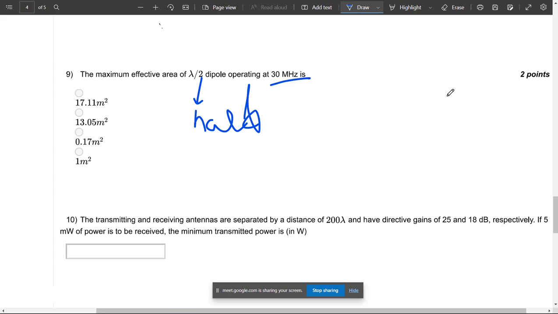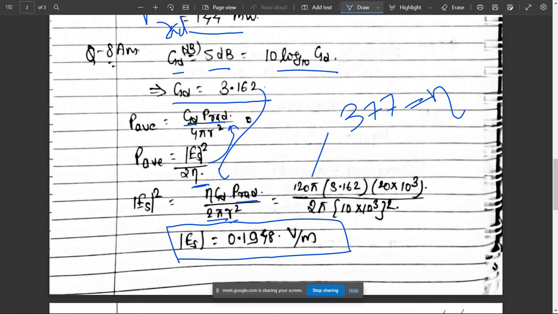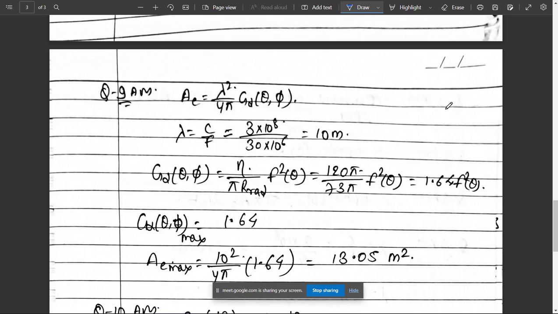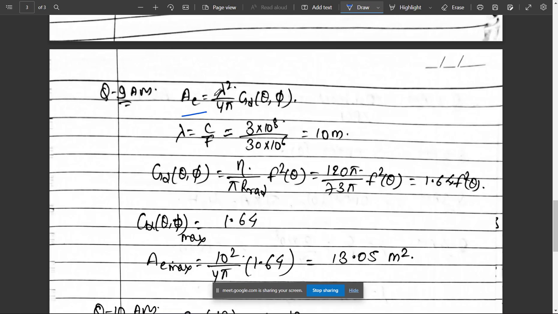PR is equal to E naught square divided by 2 eta into area, ma'am. Yes, effective area. So the formula for effective area is AE equals lambda square upon 4 pi into gain in theta and phi.